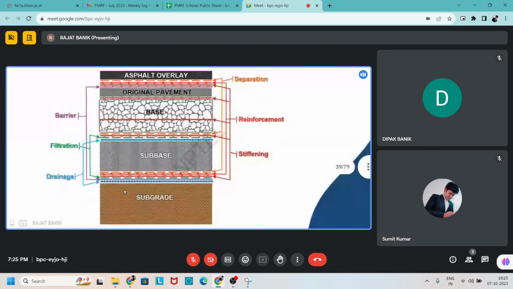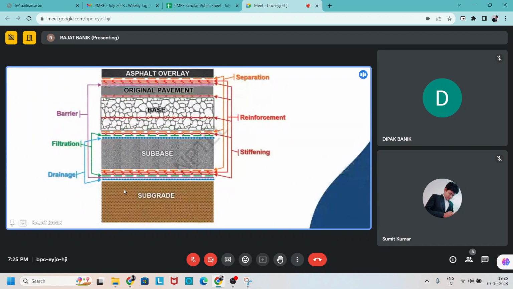And one figure is also given here, a cross section of the road. At different sections we use different types of geosynthetic material for different functions. We know that the road cross section is divided into subgrade, subbase, base course, and also the pavement surface course.